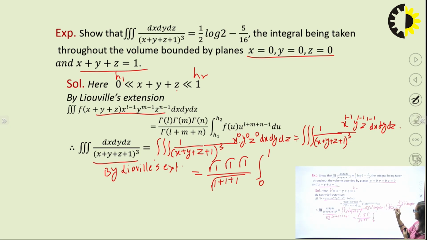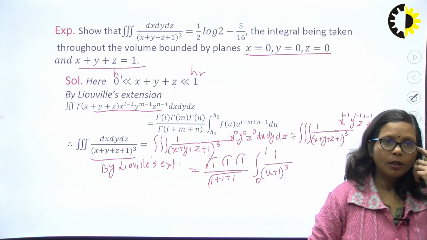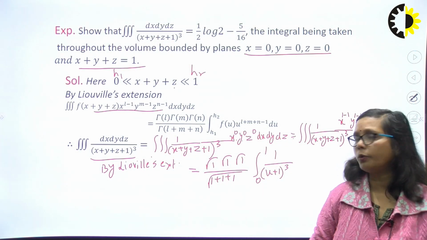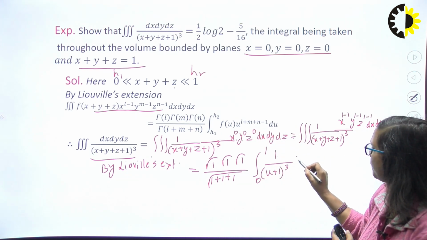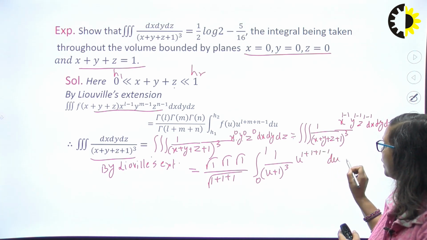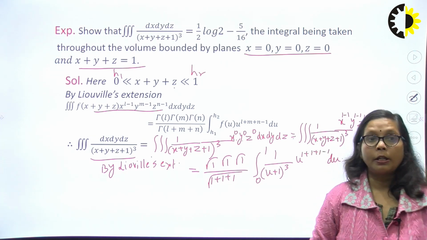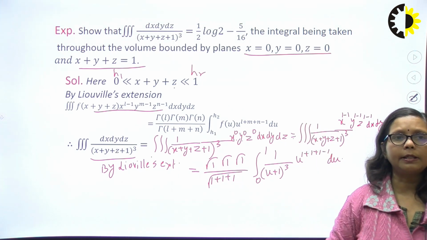In place of x plus y plus z, I replace it with u. So it's 1 upon u plus 1 whole cube into u to the power L plus M plus N minus 1, which becomes u to the power 1 plus 1 plus 1 minus 1, into du. That's how a triple integral is converted to a single integral by using the extension.